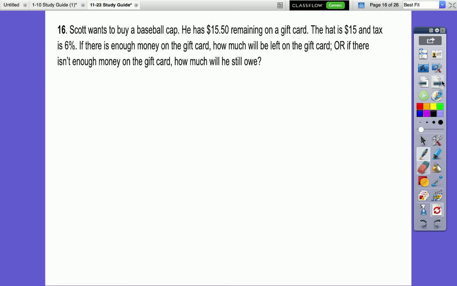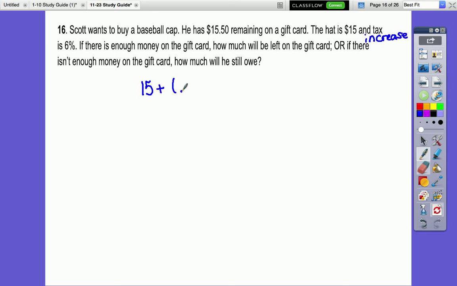So the first thing that we need to do is find out how much does this hat actually cost? So they tell us it's $15 and the tax is 6%. So we're going to take the $15. Remember, tax is going to cause an increase. So that tells us that we need to add.